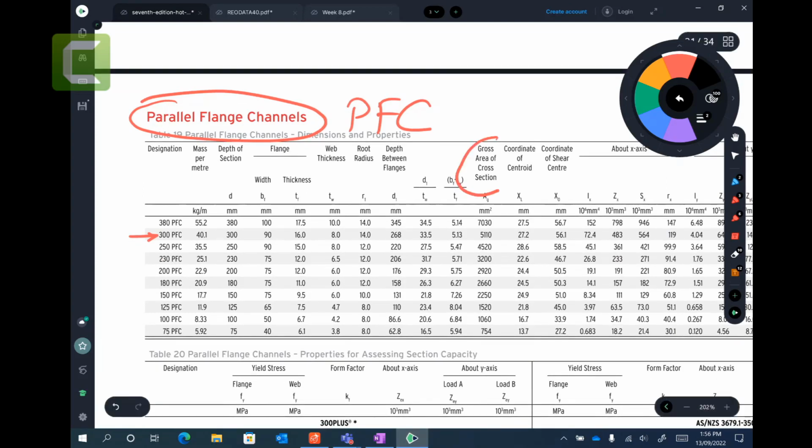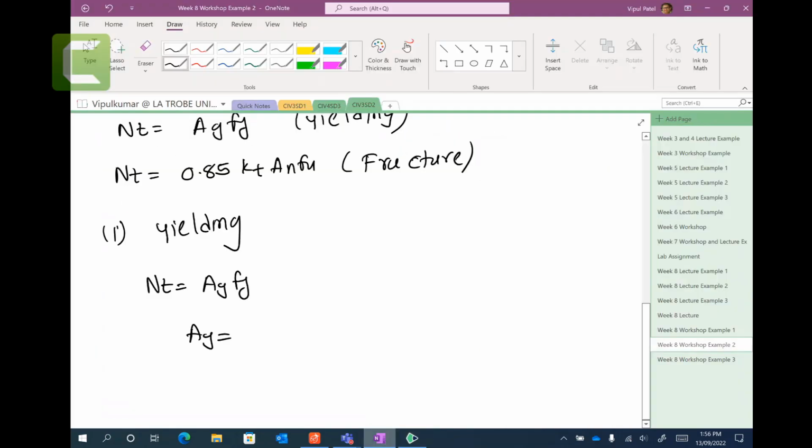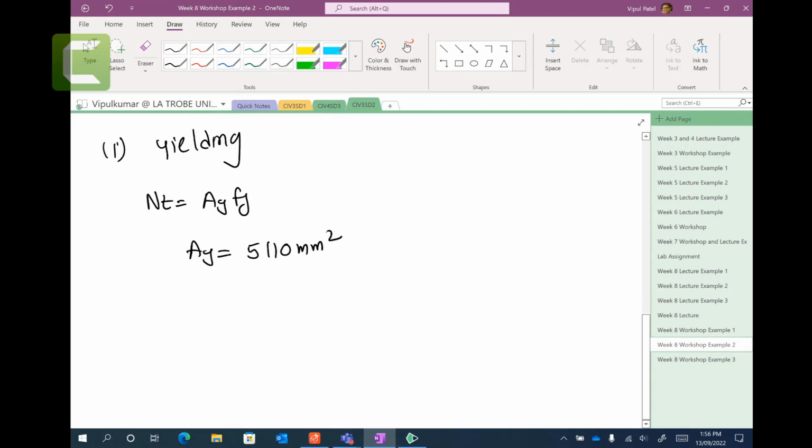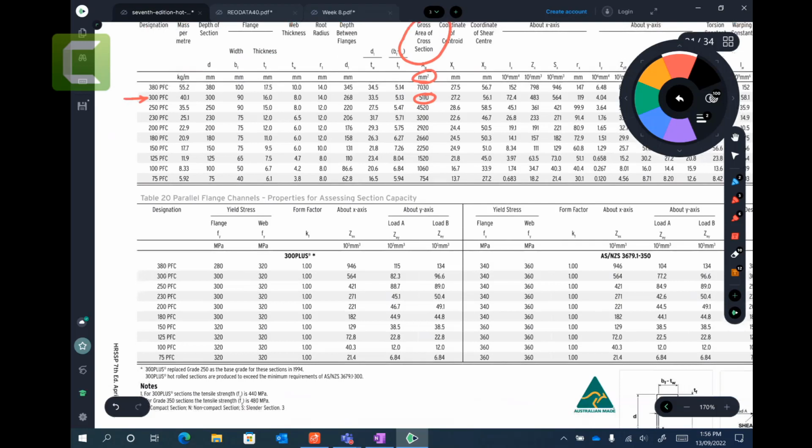Here you go, the gross area, and this will be 5110 millimeter square. Let me keep my solution handy. Yeah, that's all good. Now Fy. For the 300 PFC, we have three kinds of Fy values.